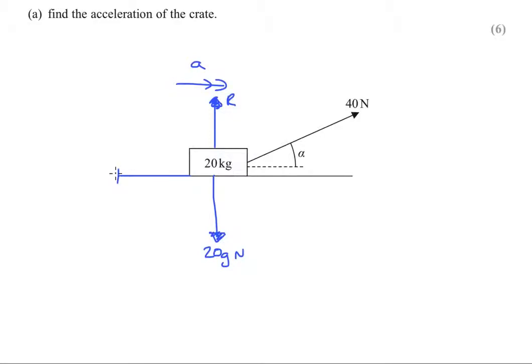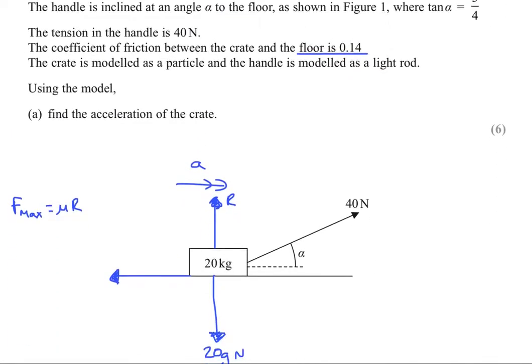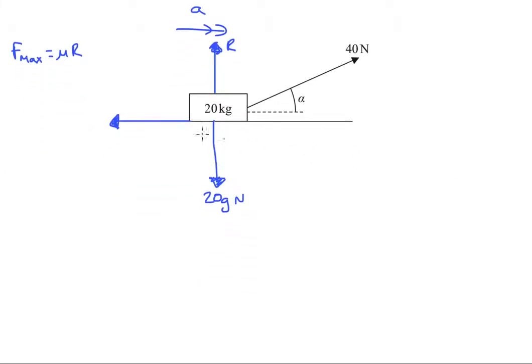Because the box is on a rough surface, there's friction, and because the box is moving, friction must be at its maximum, and when friction is at its maximum, that's equal to the coefficient of friction times the normal reaction force. We were told that the coefficient of friction is 0.14, so we can write here 0.14R.